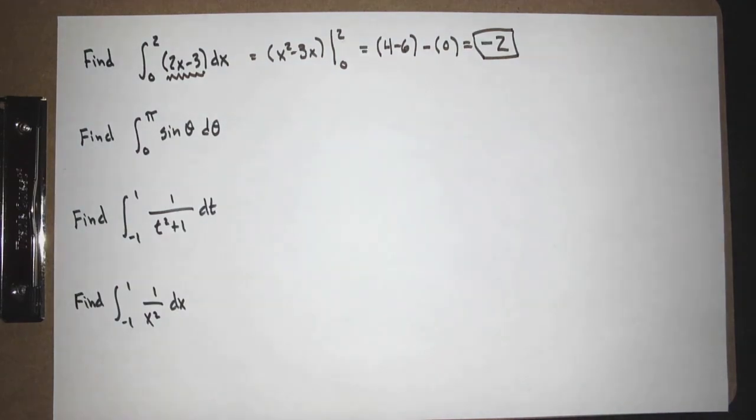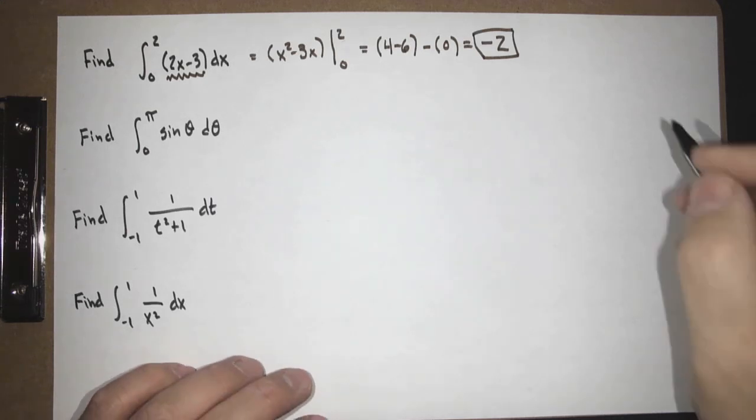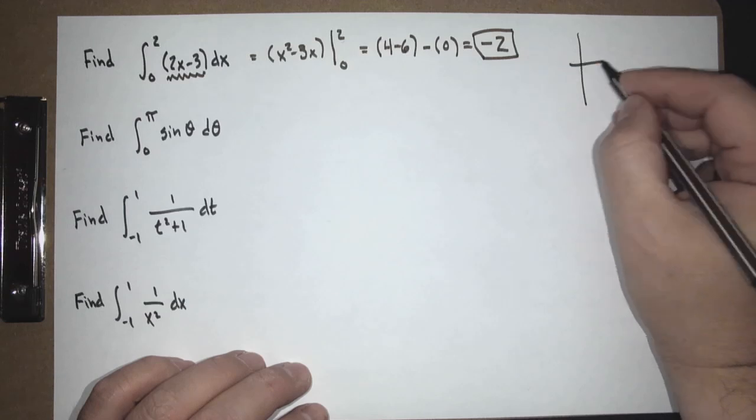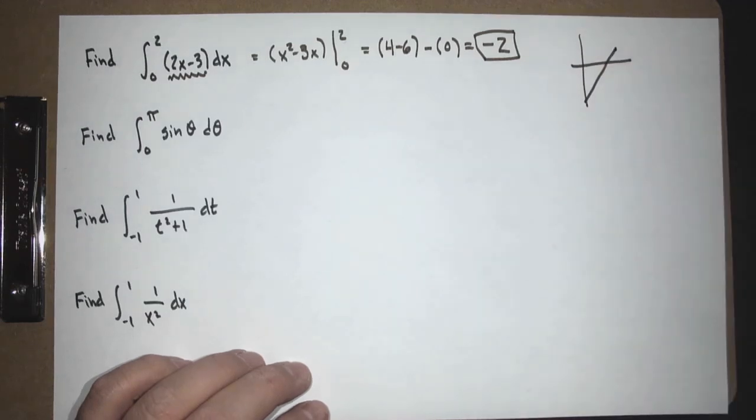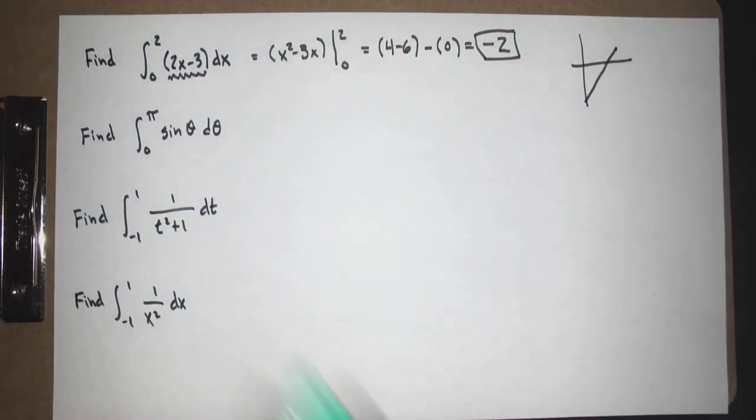Are we okay with it being negative? It's okay for definite integrals to be negative, because things have signs. You have to be careful not to get too attached to the idea of integrals are areas. If you were to sketch this, it looks something like this.